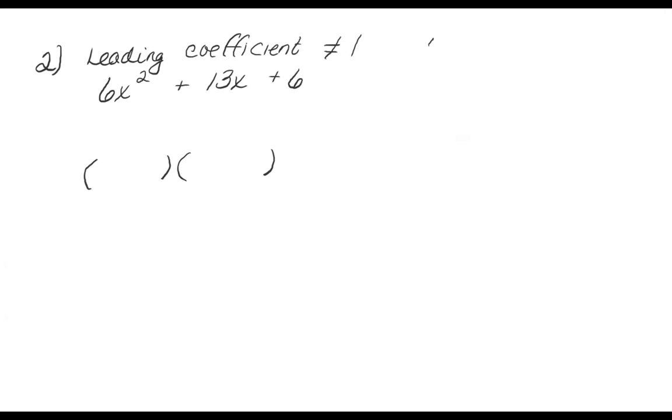And we're going to call this the AC method. And the reason it's called AC is that we're going to take and use in our quadratic expression these numbers A and C, and we're going to multiply them together. So that's step one.